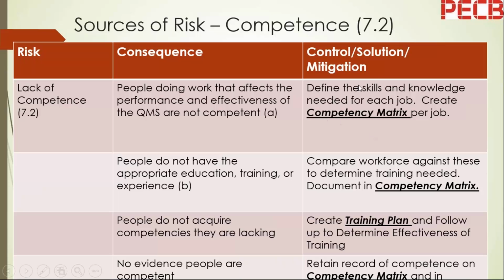Let me look at this slide that I've got in front of you right now. There is not a requirement for any documented procedures. None. But if there is a document that you are using to address a risk, then it is a requirement. But there is not a requirement for a documented procedure.